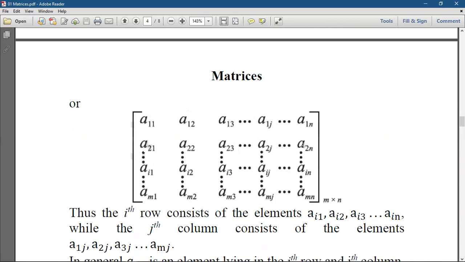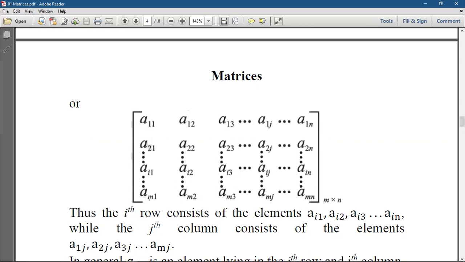Similarly, we can move further. ai1 means ith row first column, ai2 ith row second column, ai3 ith row third column, aij the element of ith row jth column, ain ith row nth column.